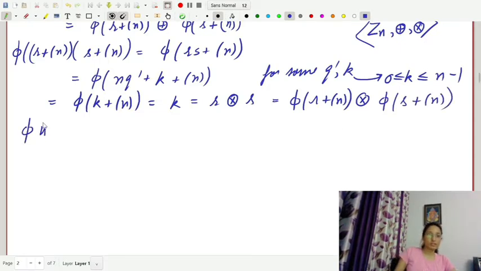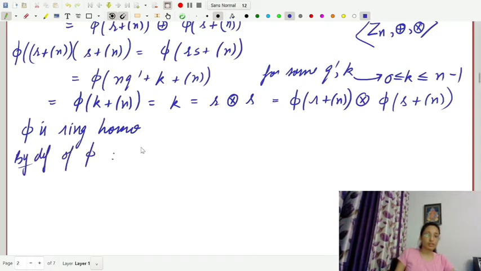Hence, phi is a ring homomorphism, and by definition of phi, it can be seen that phi is onto as well.